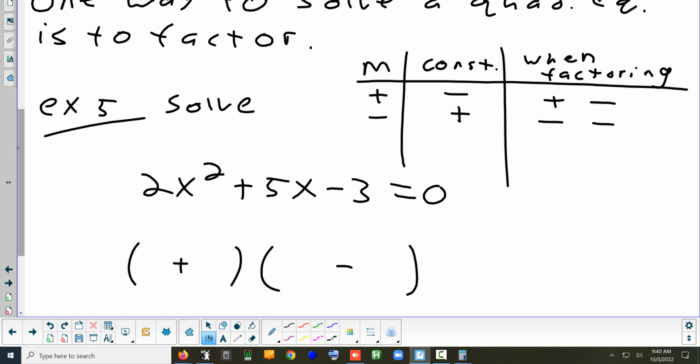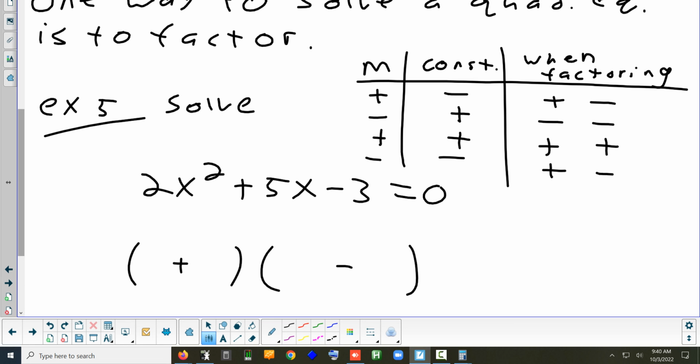You could also have positive and I already did that one. Let's do a positive and a positive. Positive middle, positive constant. Would be positive, positive. And what's the case I'm missing? Negative, negative. If you had a negative and a negative, it's basically just like the top one.